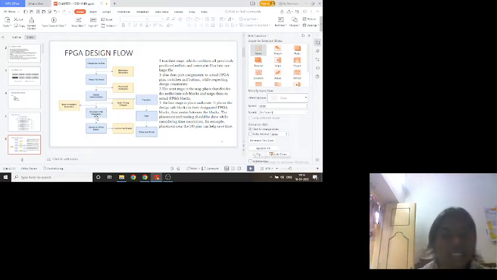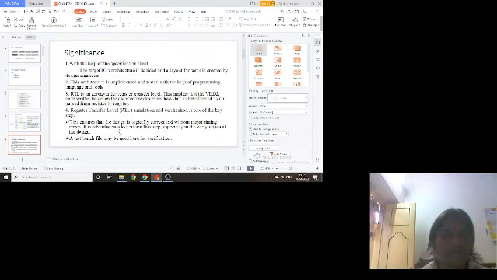The tool itself will generate the bit file. This bit file will be uploaded or dumped into the FPGA. The process of dumping the code into the FPGA is called configuration of the FPGA, configuring the FPGA or programming the FPGA. After programming the FPGA, the in-circuit verification of the logic will be performed.